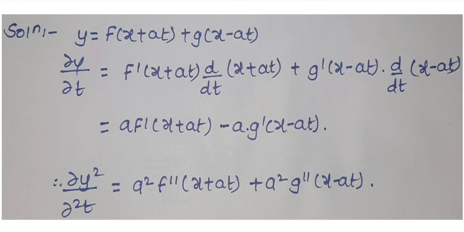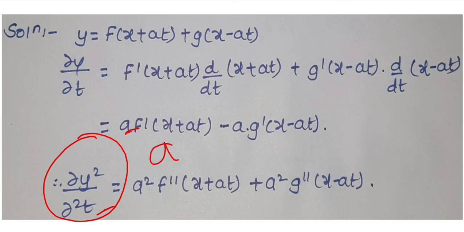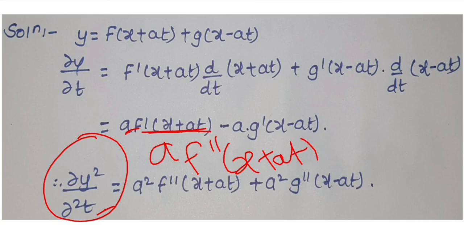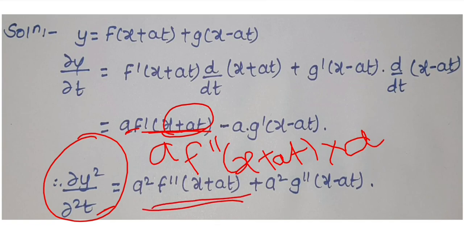And now double differentiating, that is again partially differentiating with respect to t. What do we get? See here, we keep a as it is, here f dash of x plus at will become f double dash of x plus at. And differentiation of x plus at will give another a, so we get a square f double dash of x plus at.